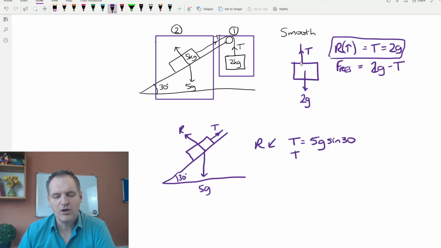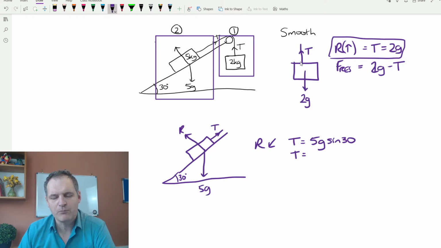So now the tension is equal to 5g sin 30. Clearly, the only thing stopping this moving down is whatever the tension is here. But if the tension is 2g, 2g can't be equal to 5g sin 30, because sin 30 is a half, which is 2.5g. You can't have 2.5g equal to 2g.